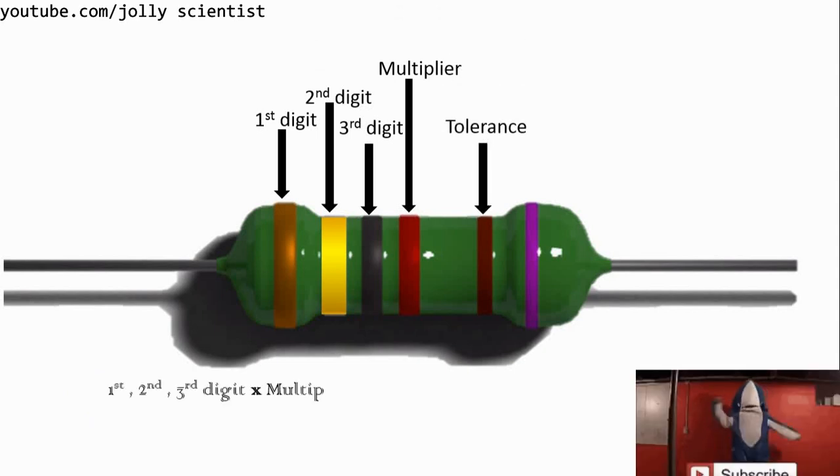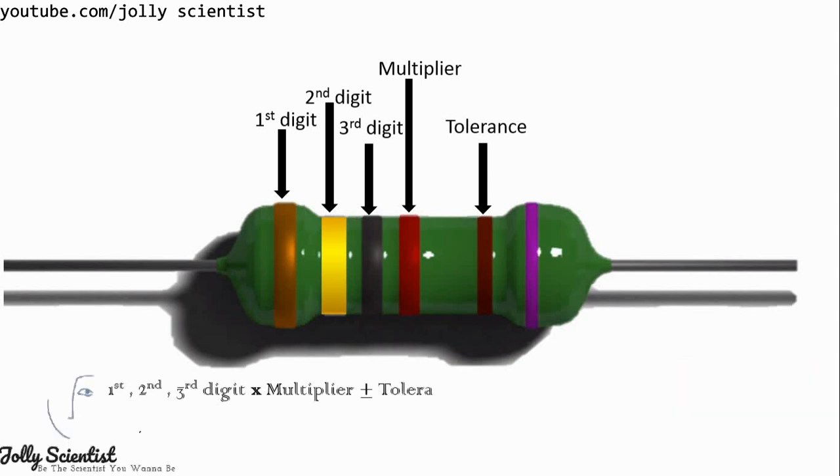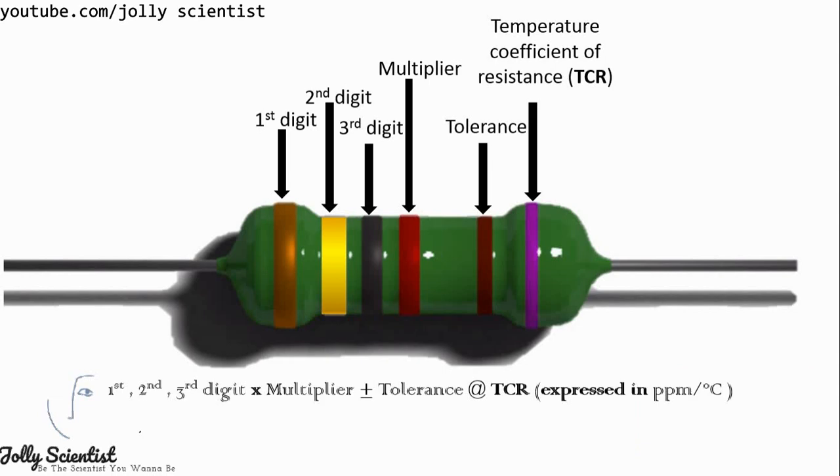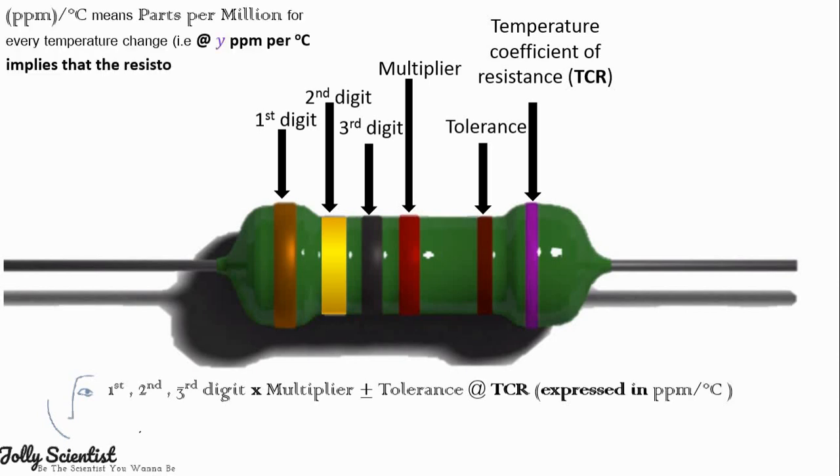So we'll say first, second, third digit times multiplier plus or minus tolerance at the temperature coefficient of resistance. I will express that in ppm per degree Celsius or in Kelvin. ppm simply means parts per million for every temperature change.